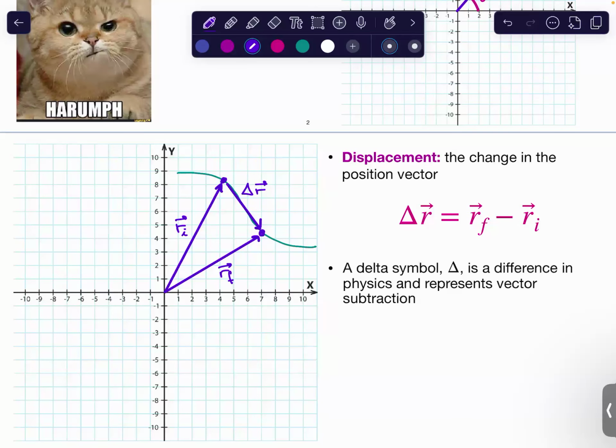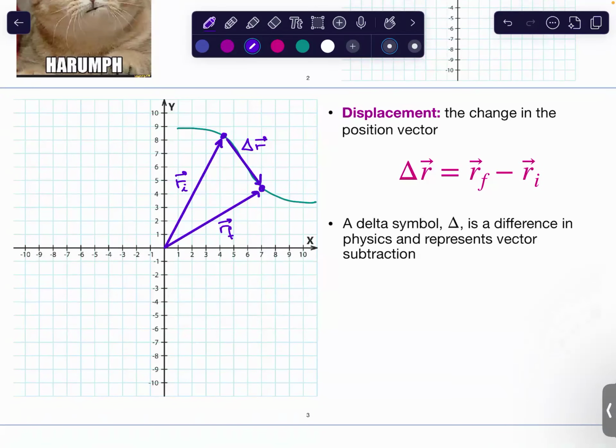So let's say we have components for an initial position vector, and let's do the same thing for the final position vector.